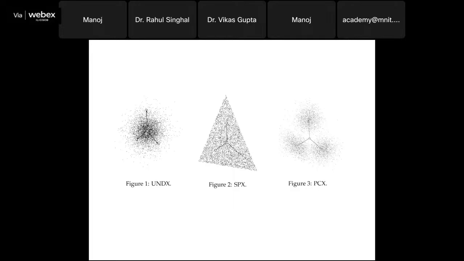If you see UNDX, this is the mean of these three solutions, and all the solutions are concentrated around the mean of the three parents. And in simplex, you can see that it's uniformly distributed in this region formulated by three parents. So these three represent three different philosophies of generating new solutions.